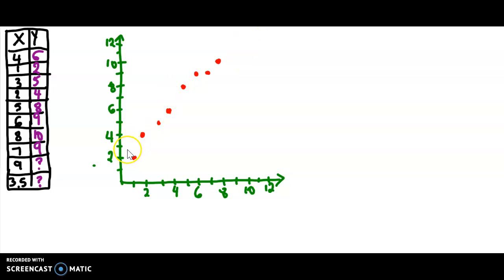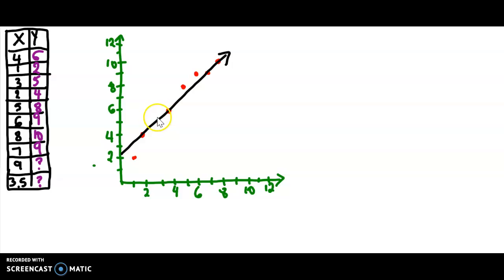Let me try to make a straight line here. I cannot get all the dots on my line, and that's why it's called line of best fit. It's not going to fit all your data perfectly, so have that in mind. But we're trying our best for our line to go through as many data points as possible.